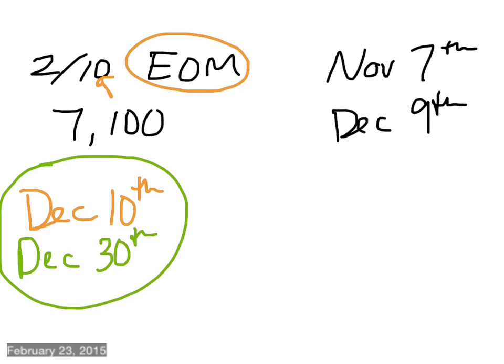Number 2 says find the cash price. So first of all, if I use the formula that we had, what percent am I giving you off when I had 2/10 EOM? 2.